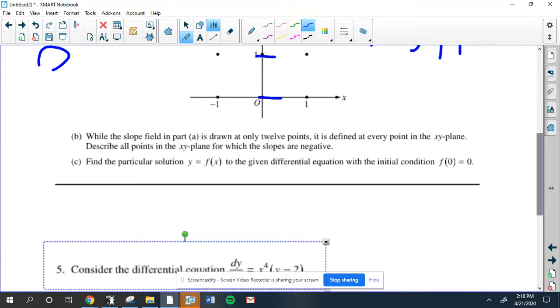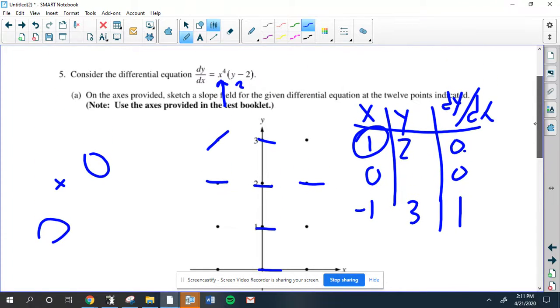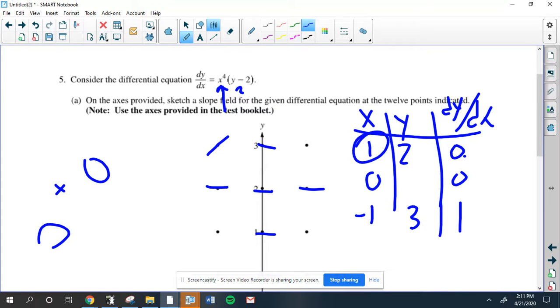Second question. While the slope field is drawn at only 12 points, it is defined everywhere in the xy plane. We need to describe all the points in the xy plane for which the slopes are negative. Well, the slopes are negative, dy/dx is negative. It doesn't depend on x because the value you get, x to the fourth, is always positive.